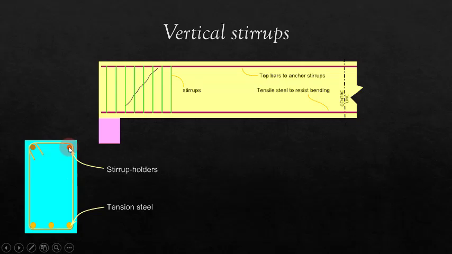These bars are known as stirrup holders or stirrup suspenders. For a doubly reinforced beam, these bars in the compression zone will already be present, so there is no need to provide additional bars. These vertical stirrups should be provided throughout the length of the beam at suitable spacing. This spacing is determined while we design the stirrups.